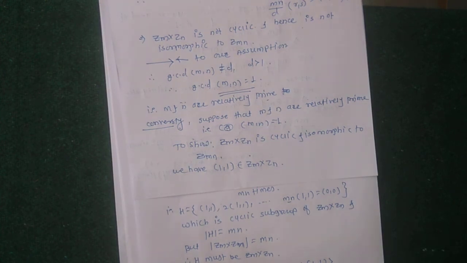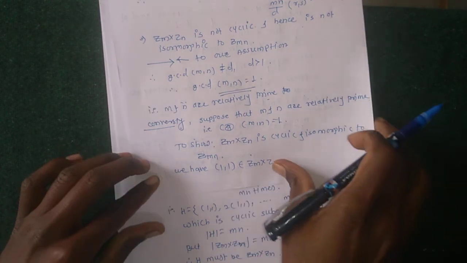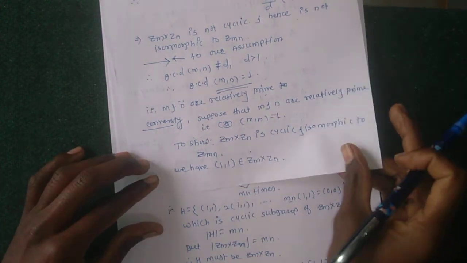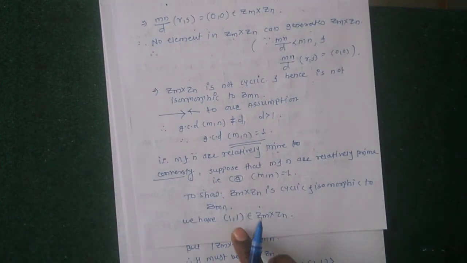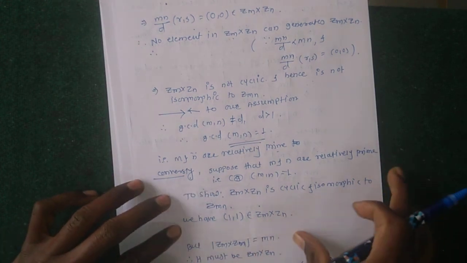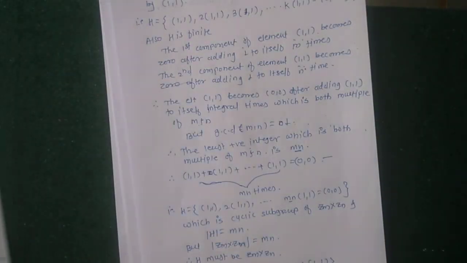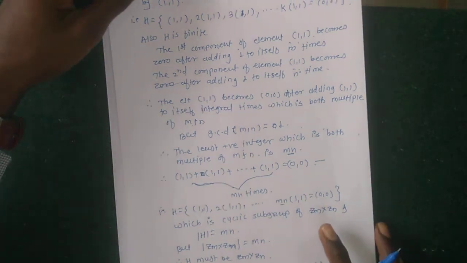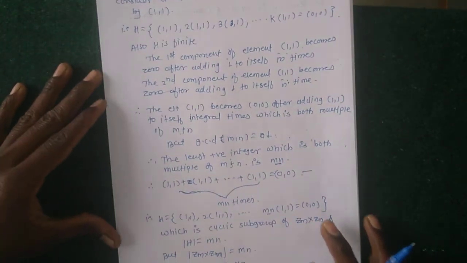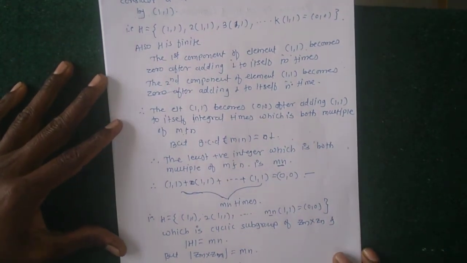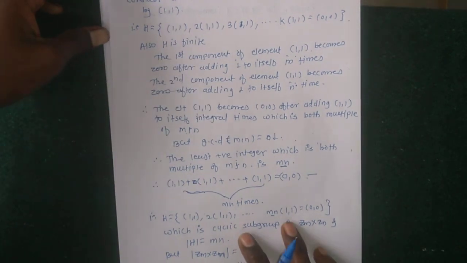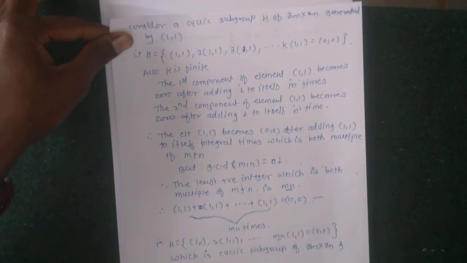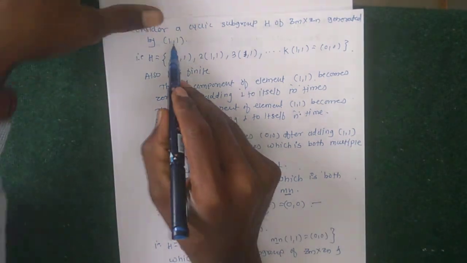Firstly, to show that Zm cross Zn has a generator, which means it is cyclic. Choose one element, the ordered pair (1,1), belonging to Zm cross Zn, and consider the cyclic subgroup H of Zm cross Zn generated by the given element (1,1).